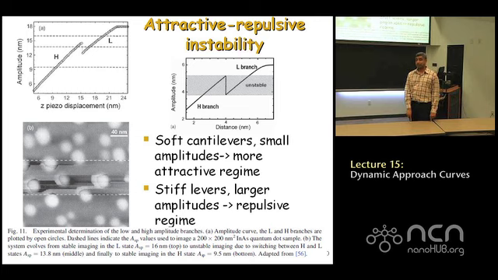Why is that? The not so wise choice is the one in the middle, because when you choose that set point amplitude, the simple amplitude distance curve tells you that there are 2 z's at which you have the same amplitude, one corresponding to a net attractive state, one corresponding to a net repulsive state.